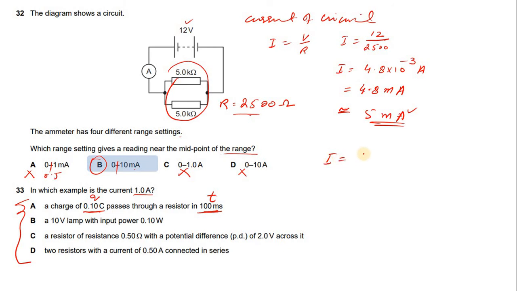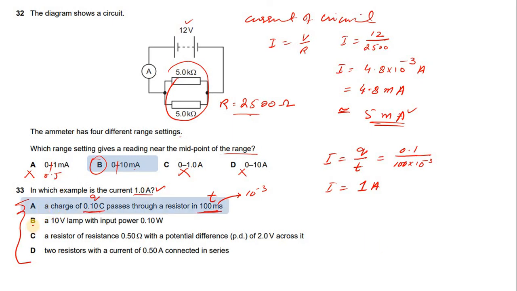I is equal to charge divided by time, and the charge is 0.1 divided by time. Time is 100, but remember, it is 100 milli. This milli is 10 to the power minus 3, so you must write 100 times 10 to the power minus 3. You can use your calculator, and the current will give you 1 ampere. And this is the option. So option is A.